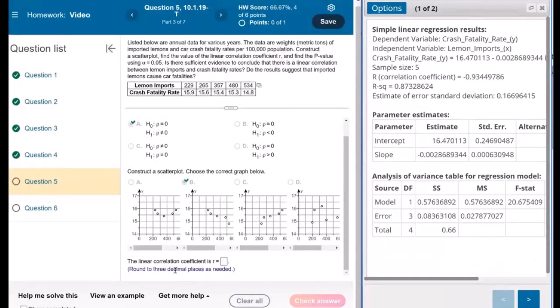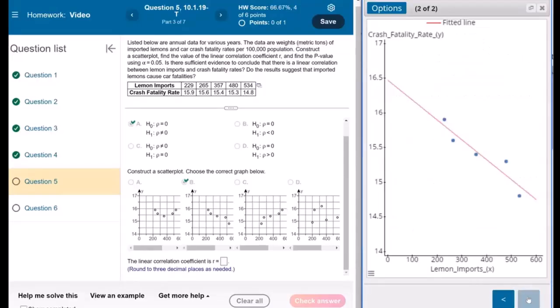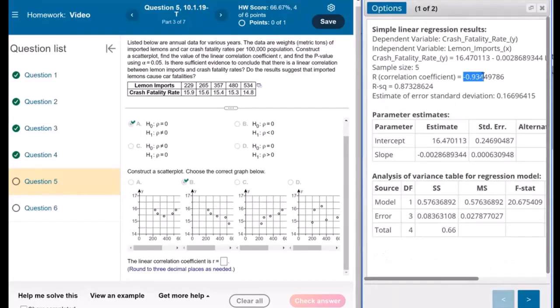I go back. The linear correlation coefficient R equals, this is actually negative here because we saw that line was going down. Let's look again. It's got a negative slope. If that wasn't a negative value, we would have done something wrong.